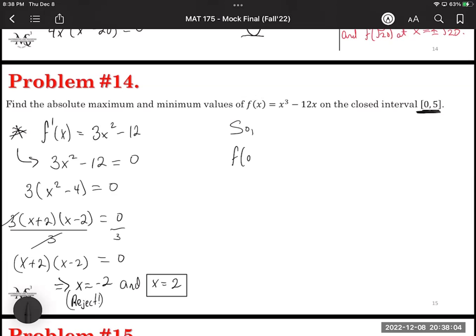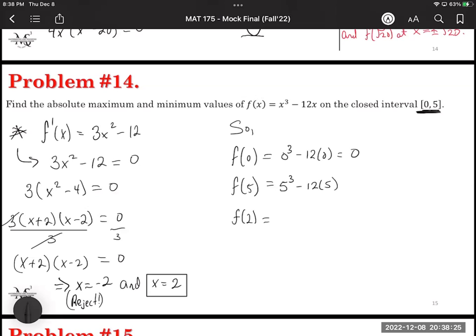We have f of 0 to compute, f of 5, that's your endpoints, and then f of 2. f of 0 is the easiest one, because 0 cubed minus 12 times 0 is 0. f of 5 would mean 5 cubed minus 12 times 5.